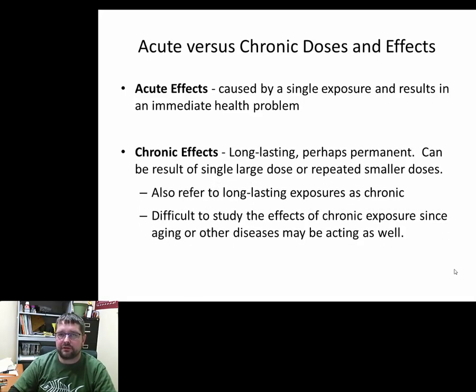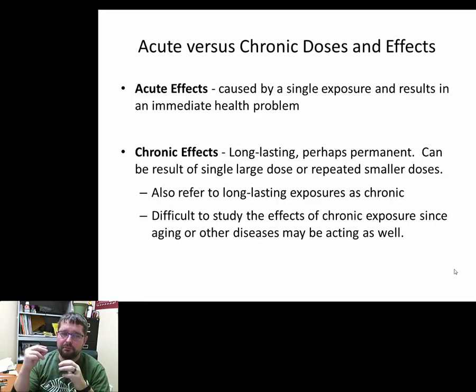Chronic effects are often the result of long-lasting or repeat small dosage of things, like carcinogens from smoking cigarettes is a good example. But a chronic can also be just one big large dose that's going to have long-lasting exposure that can cause a lifetime of health problems.